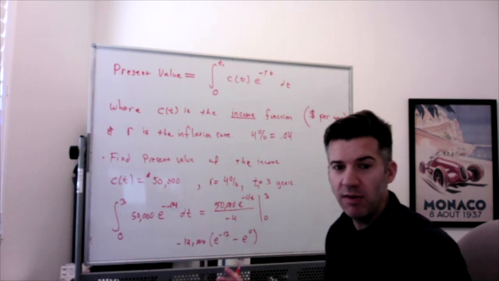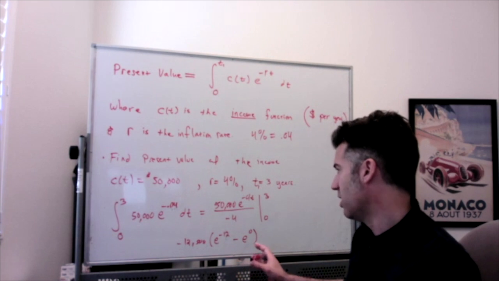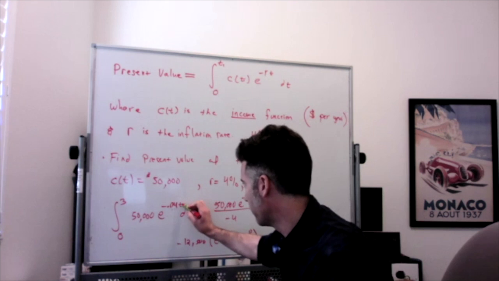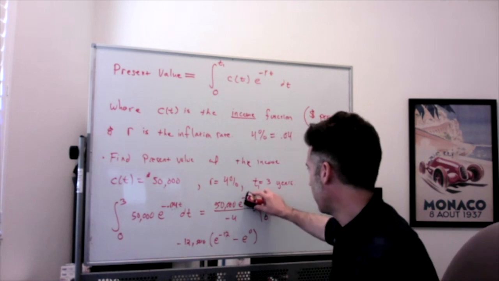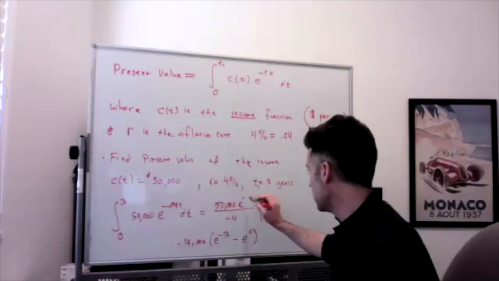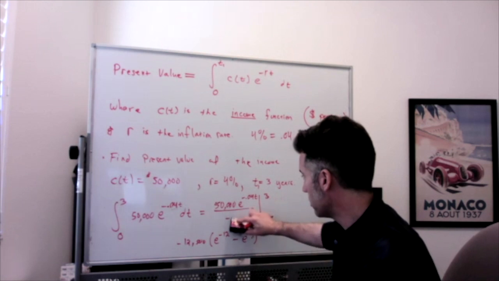So actually, let me finish this calculation. Well, no, it's not really going to be super. I was going to finish and show you that we're going to get something that's really weird, which might or might not be obvious. So this should be a 0.04 t, and we're dividing by negative 0.04.